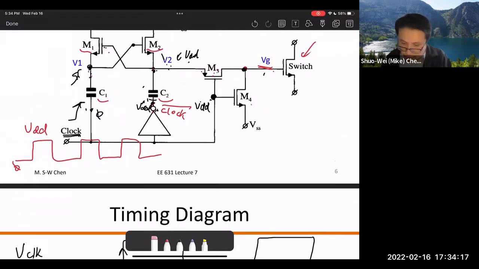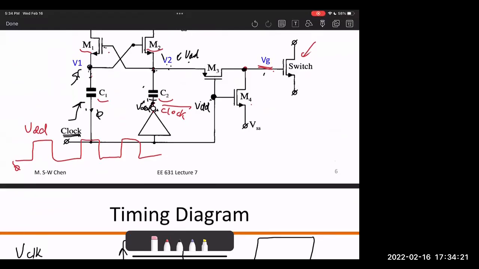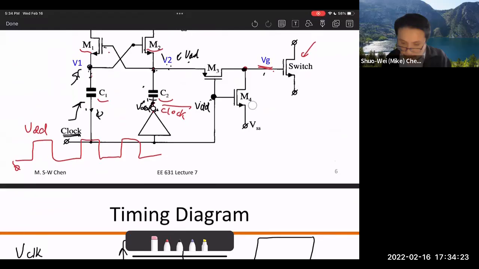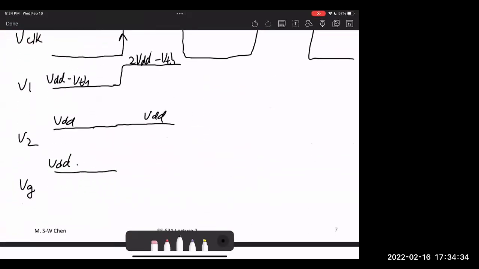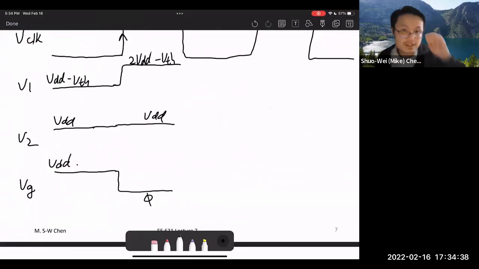Then what do I have? So M3, what happened to M3 right now? It's off. What about M4? It's on, right? So M4 is on. So that means that VG will go to VSS. So it will go to ground.